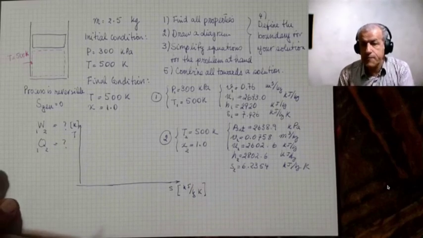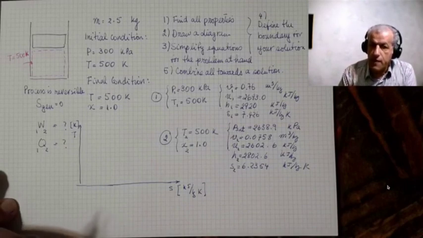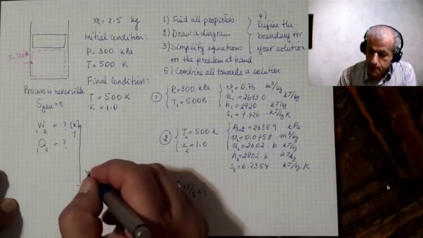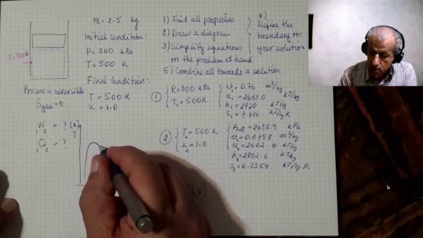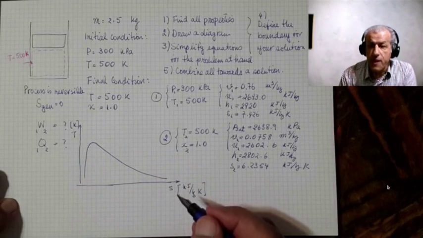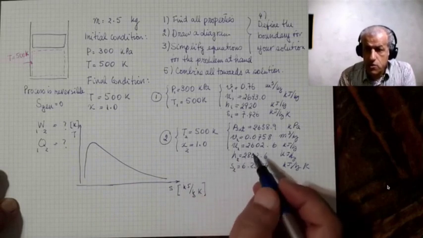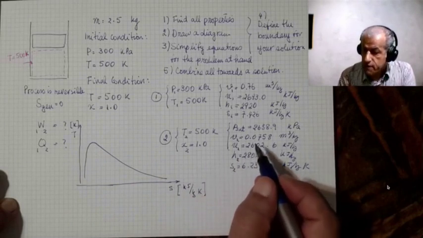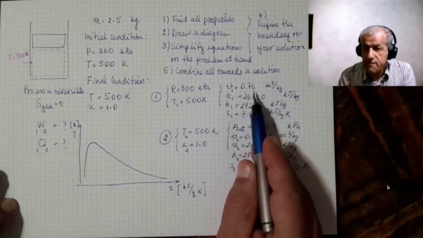Now, the saturation line looks fairly similar to what we had for the TV diagram, except the fact that the slope is sharper. The slope is not as gentle as it should be in the TV diagram. You see, if we wanted to draw a TV diagram, V2 is 0.075 and V1 is 0.76.